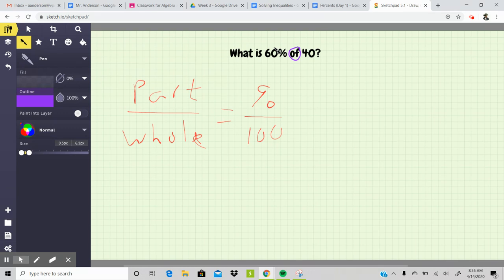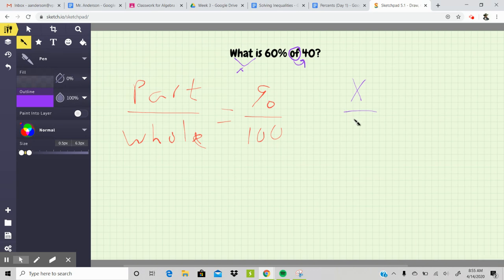So let's plug these numbers into the percent proportion. My part is the unknown part that I'm searching for, so we'll use the letter X and put X in for my part. My whole is the number 40.